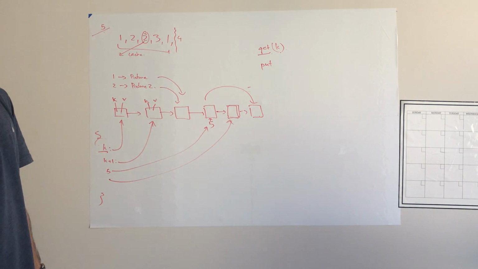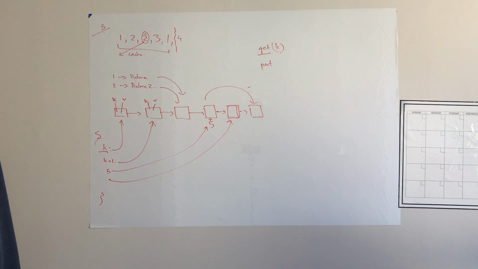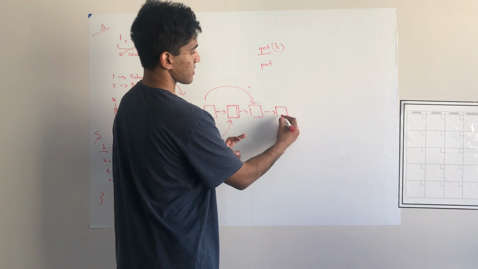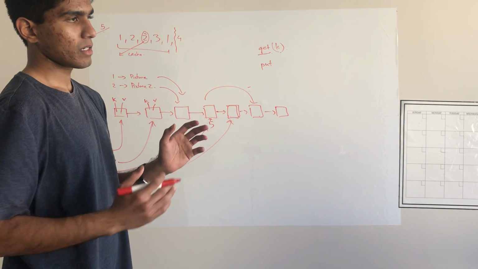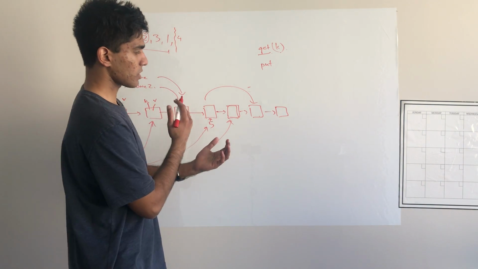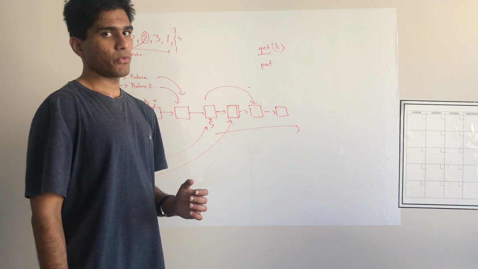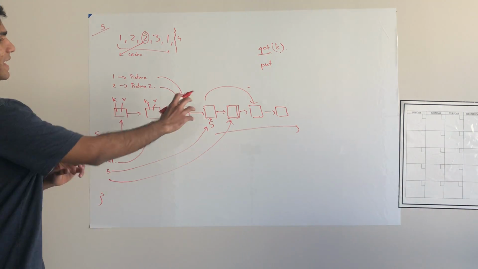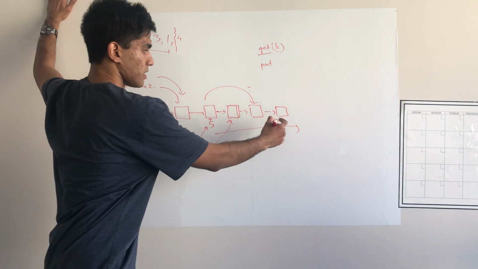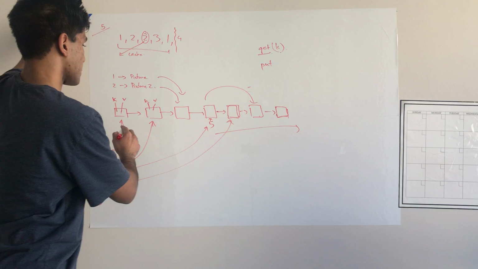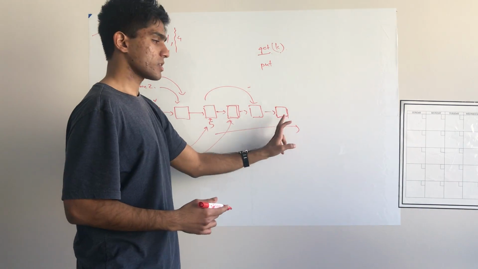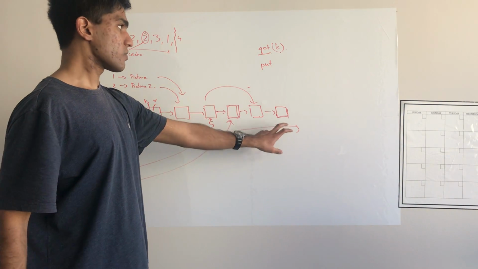The property that each time we do a get or a put, we insert it at the end of the linked list, gives us is that all the items that have been more recently used will occur towards the end of the linked list. So it gives us a form of temporal ordering where the items at the beginning will be the least recently used, and the items towards the end will be the most recently used.